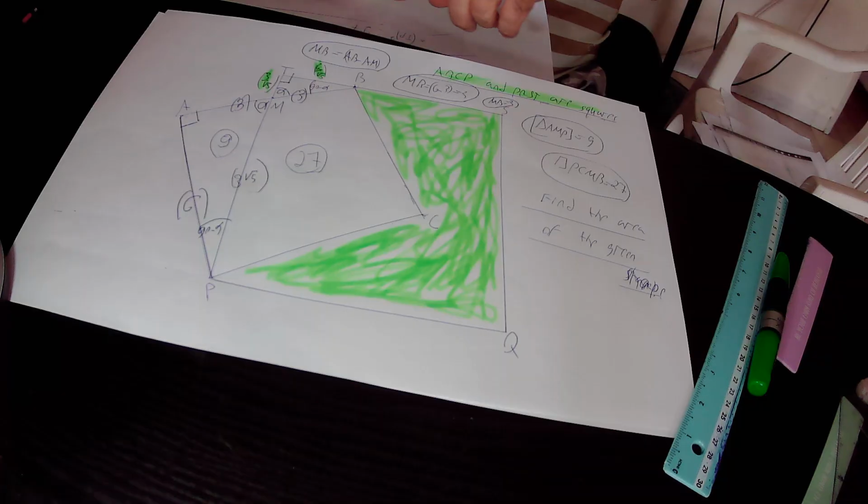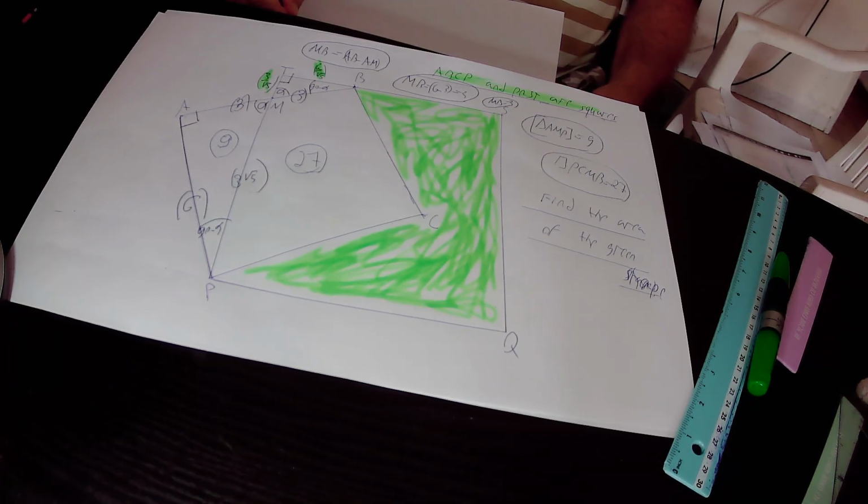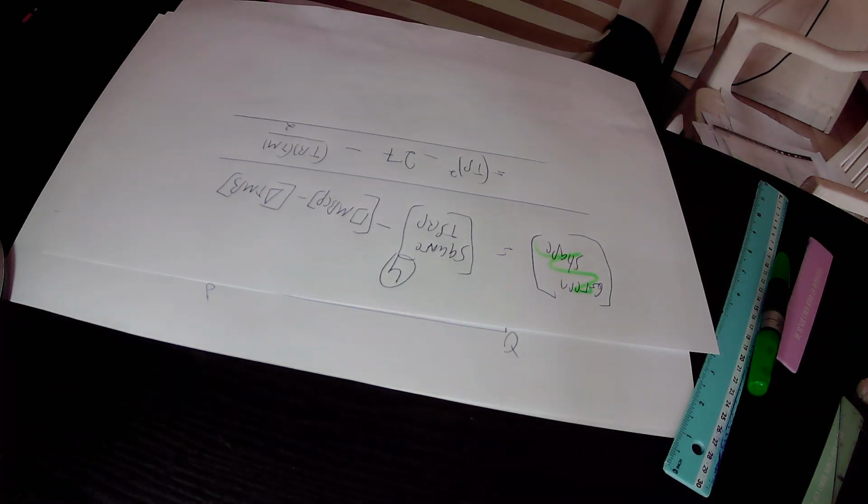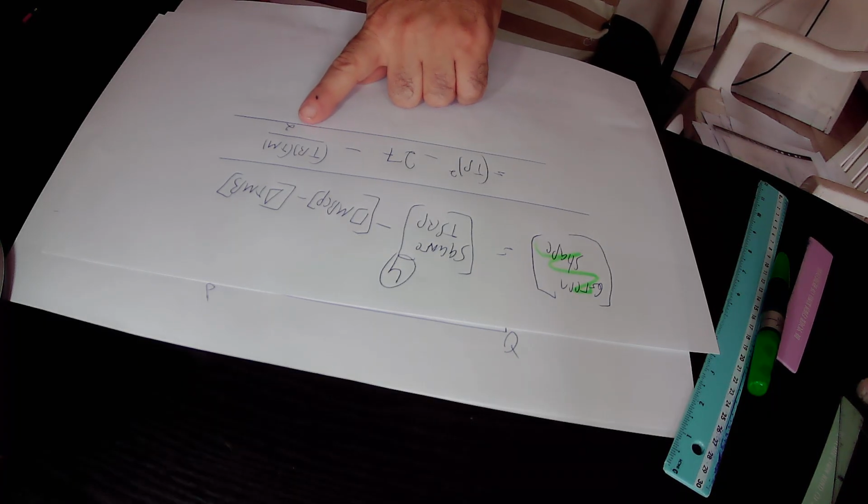The area of this right triangle TMB equals the base TB times the height TM over 2.